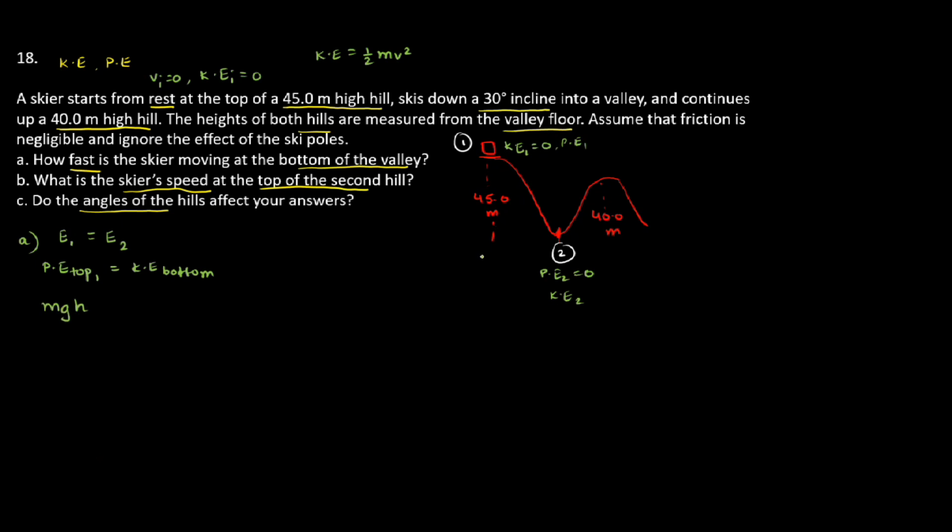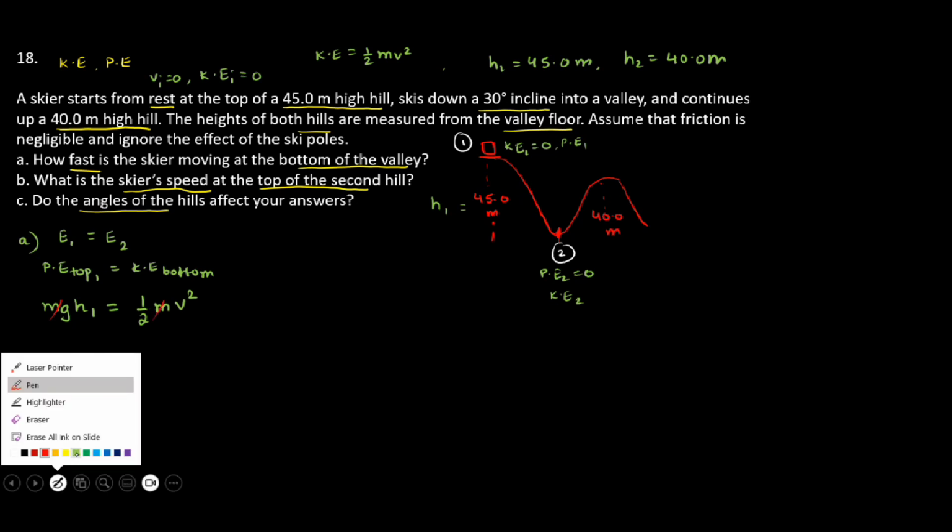Since the height of the hill here is 45 meters, I will call this h1. So h1 is the height of the first hill, 45 meters. Let h2 be the height of the second hill, 40 meters. So we write mgh1 equals half mv squared. Cancel off the m here. These are the common terms.